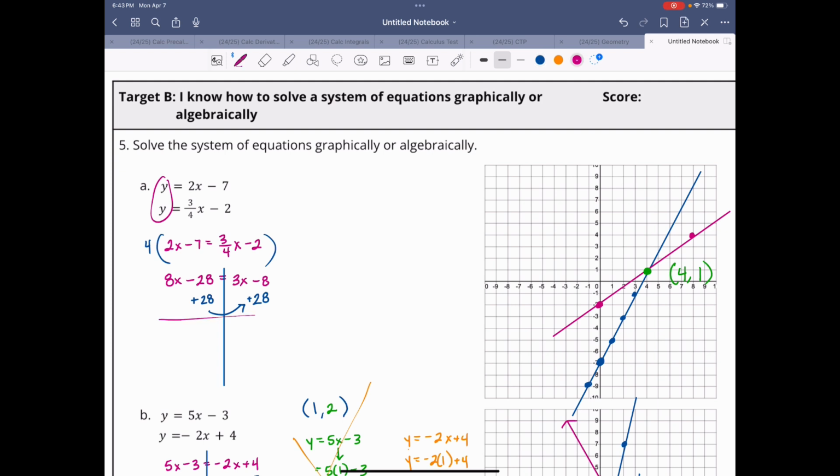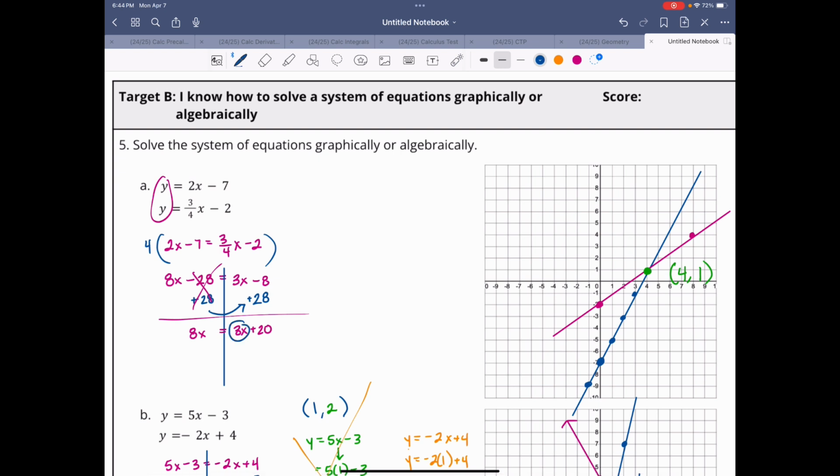So these are gone, right? That's going to become 0, leaving me with 8x is equal to 3x. A negative 8 plus 28 is positive 20. I'm now going to go ahead and combine my variables. So I can either move my 8x or my 3x.